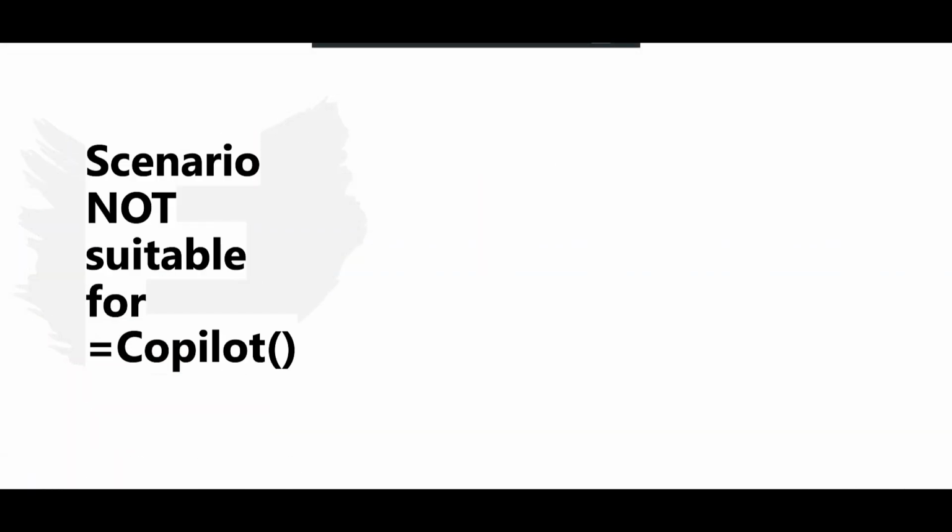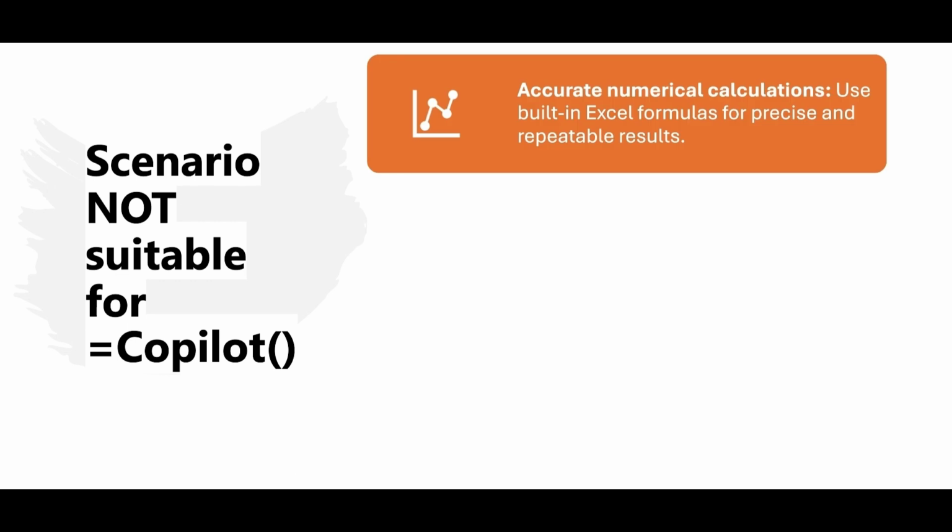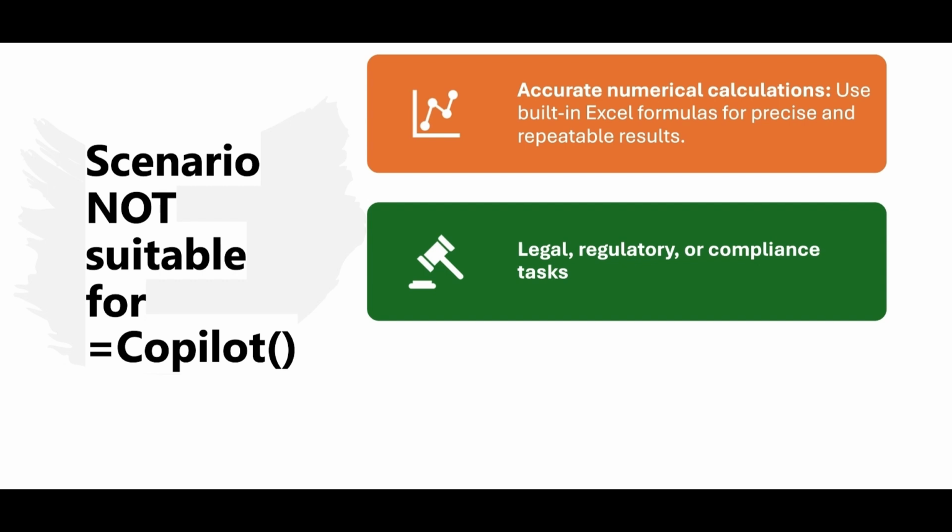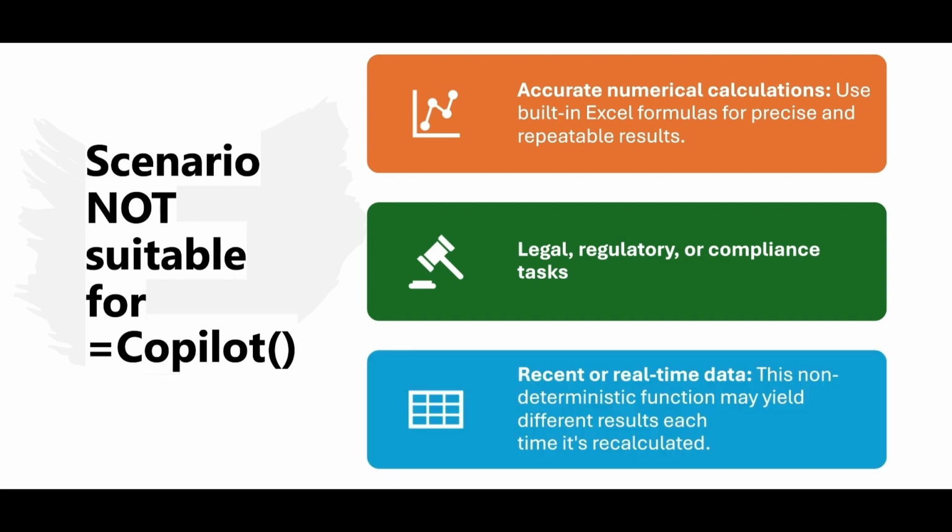You may avoid the Copilot function for scenarios where accurate numerical calculations are required, or legal, regulatory or compliance requirements, or real-time data jobs. Because the Copilot function is a non-deterministic function which yields different results each time it is recalculated.